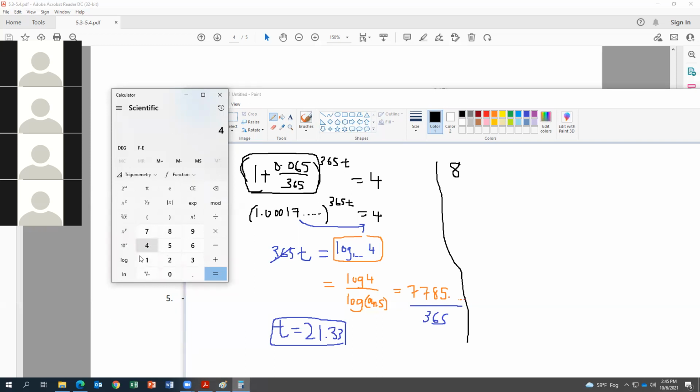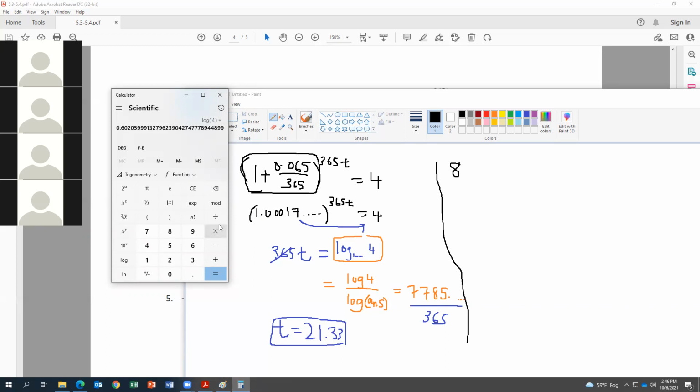Yeah. Log 4 divided by what? The log ANS. Now, what is your answer before that? Don't forget, ANS is your previous answer. So if your previous answer is not 1.0017, you get it wrong.